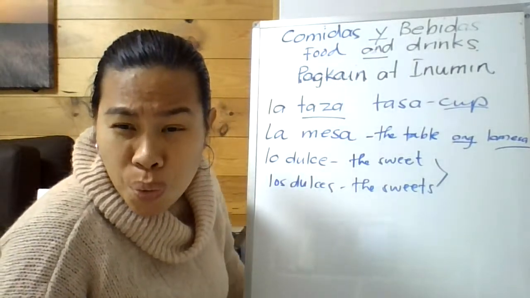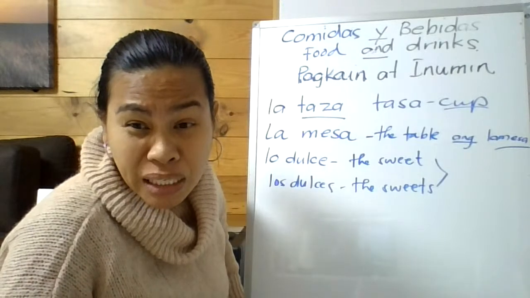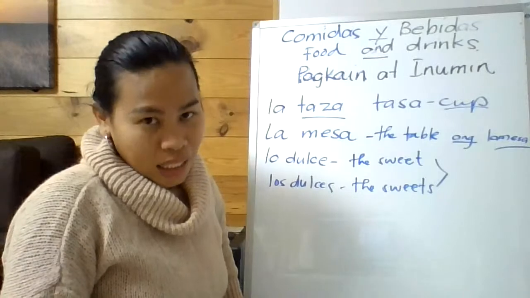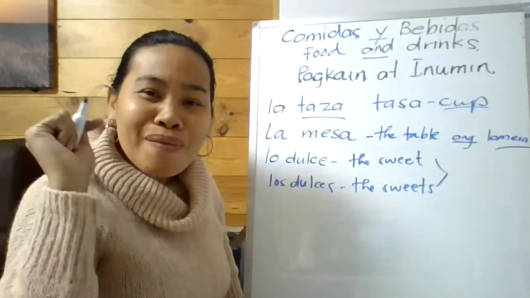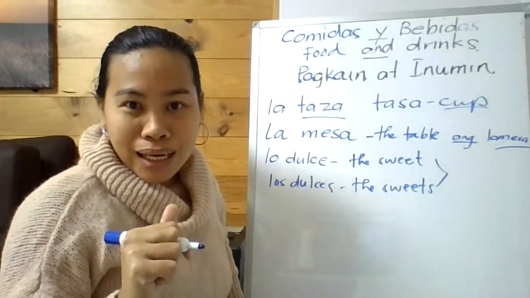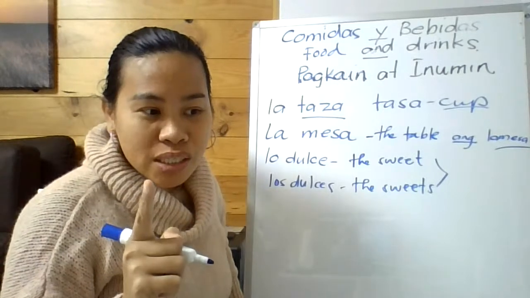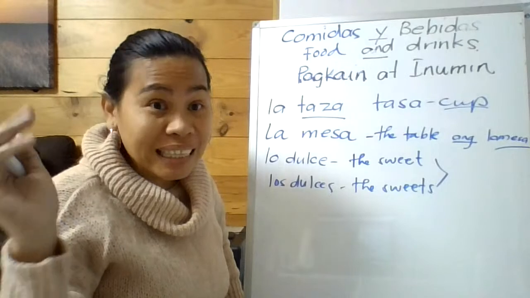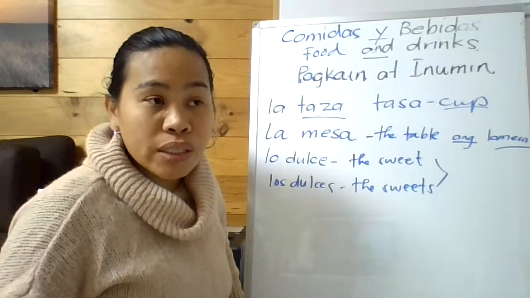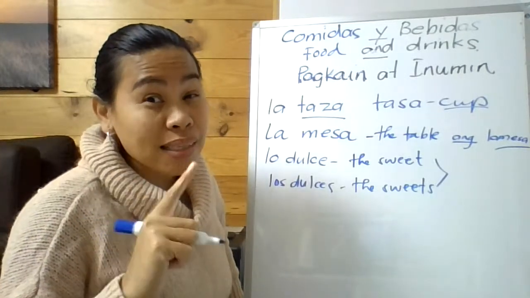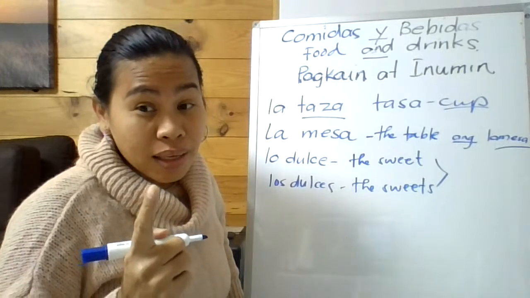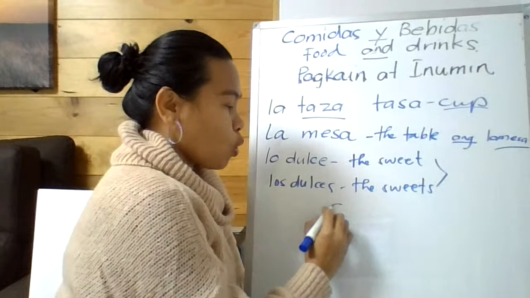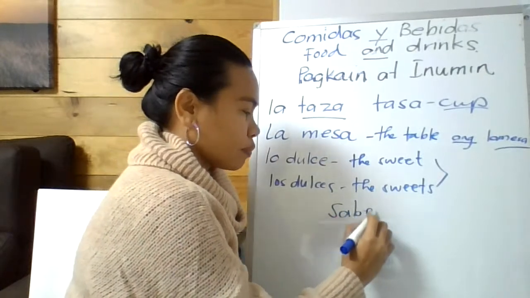Marami rin pong ibang words na mali or iba yung meaning ng hiniram nating salita sa Spain po. Exactly. We have our own meaning. The Spanish words in the Philippines, we have our own meaning. For example, yung salitang sabi sa atin, sa kanila, sabe is verbo saber, is no. Verbo saber.